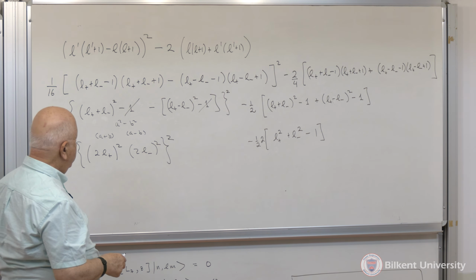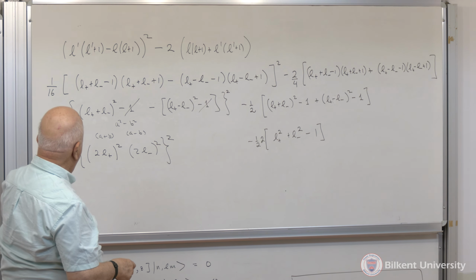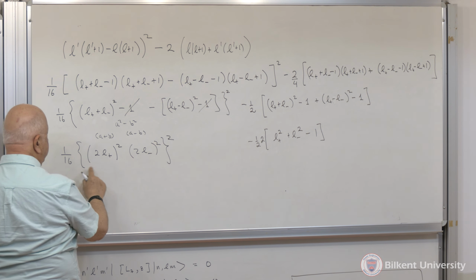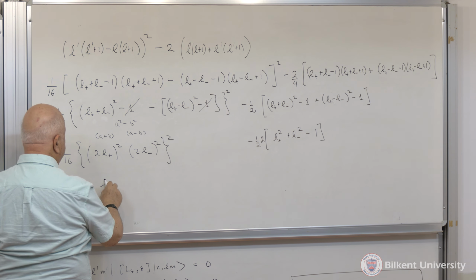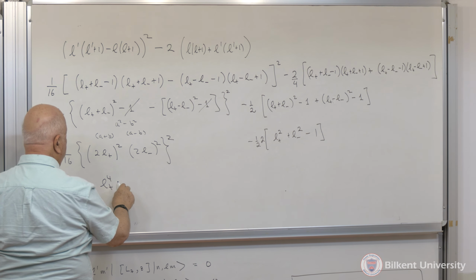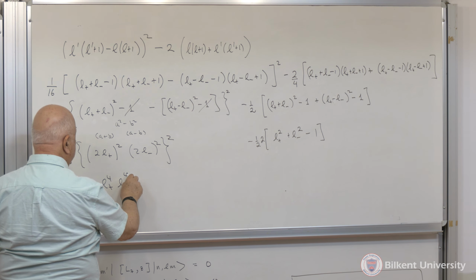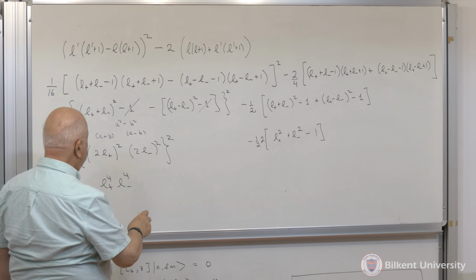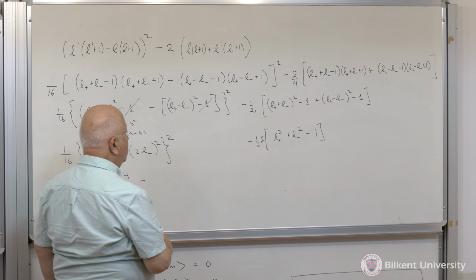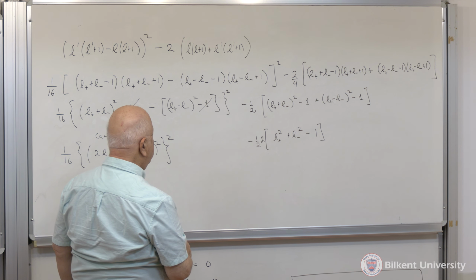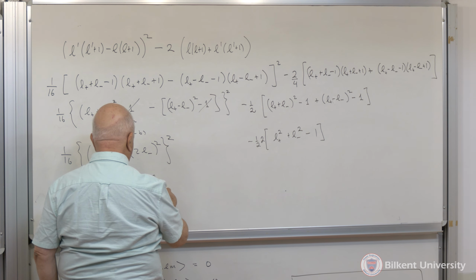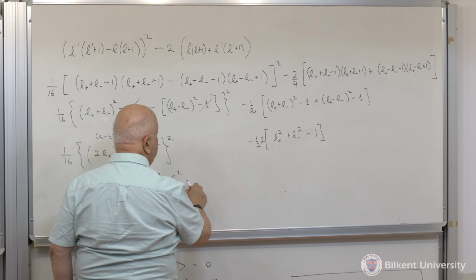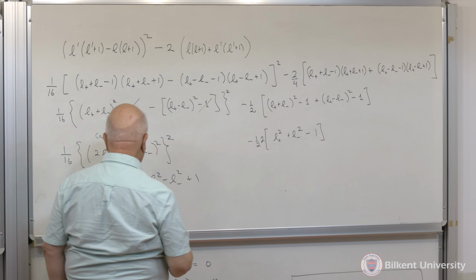Okay, so where are we? Let's look at the constants. 2 times 2 is 4, squared is 16, so that goes away. So this is L plus to the 4th, L minus to the 4th, minus L plus squared minus L minus squared plus 1, right?